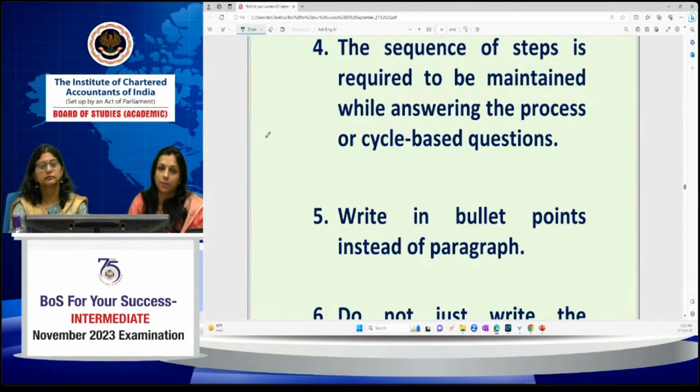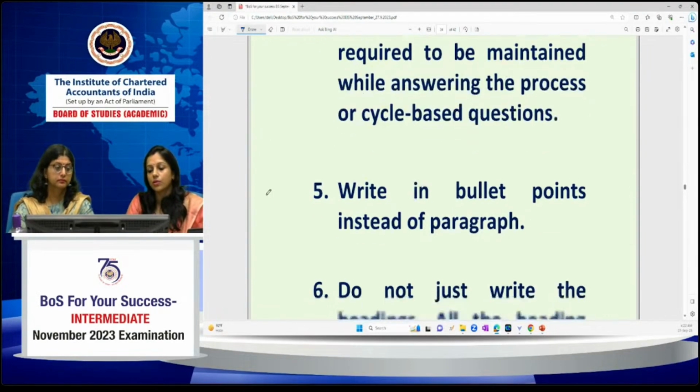You cannot skip. Like in your first question, the process of implementation of business process automation in chapter number 1 has 8 steps. If the question comes for 6 marks, you cannot skip; you will have to write all 8 points. And even if it's something like the software development cycle, again you have to write all the steps.